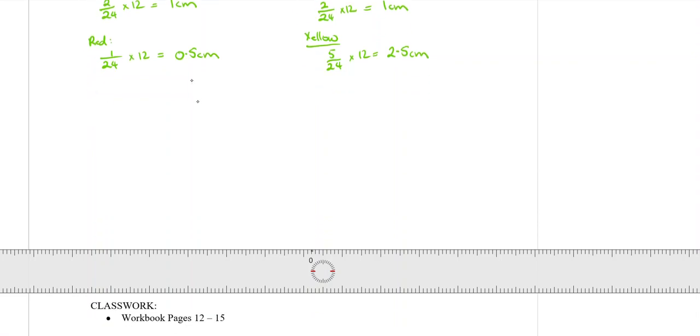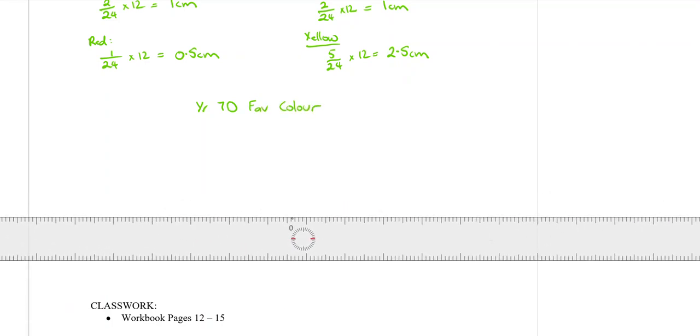Okay, so now you need your ruler. You're going to need a title. So Year 7D, favourite colour. We're going to draw up a 12 centimetre bar. 1, 2, 3, 4, 5, 6, 7, 8, 9, 10, 11, 12. Oh, that didn't draw. Let's try that again.